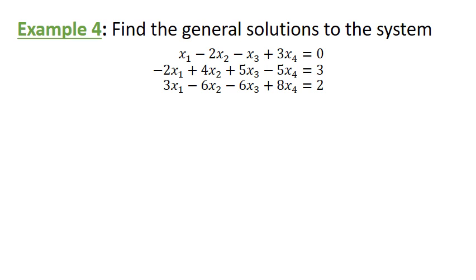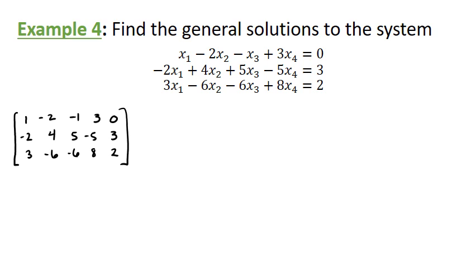So if I'm starting this problem, the first thing I want to do is write it in matrix form. When I write this in matrix form, I will get the following. Check and double check that you have your matrix written correctly so that you don't make any errors down the road. I strongly encourage you to check your answers.